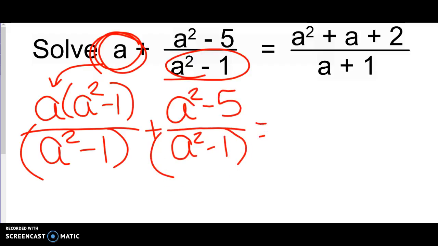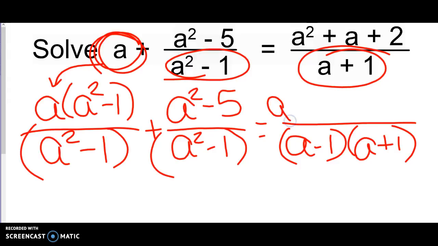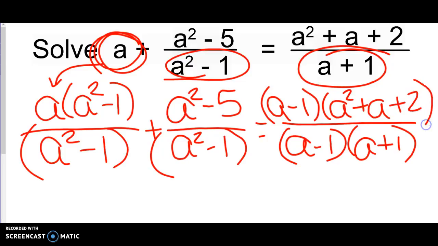And this one has just an a plus 1, so we need an a minus 1 to go with it, because you know that's going to end up being a squared minus 1. So we're going to put an a minus 1 and then have a squared plus a plus 2. I was thinking that was factorable, but it's not. So let's see what happens.